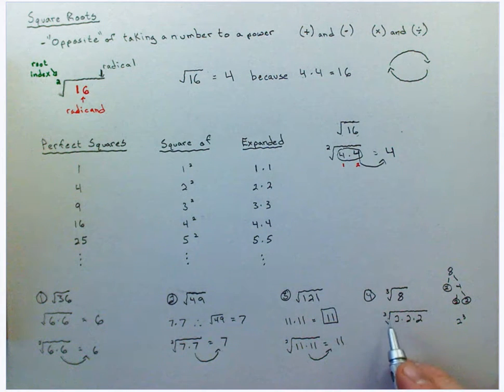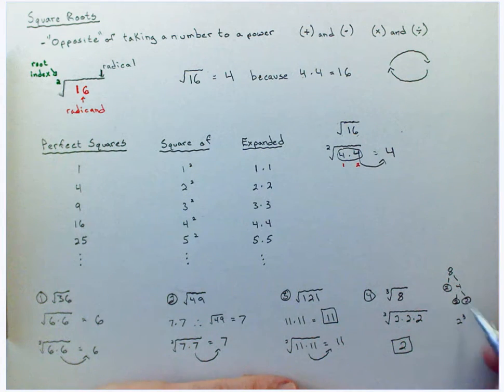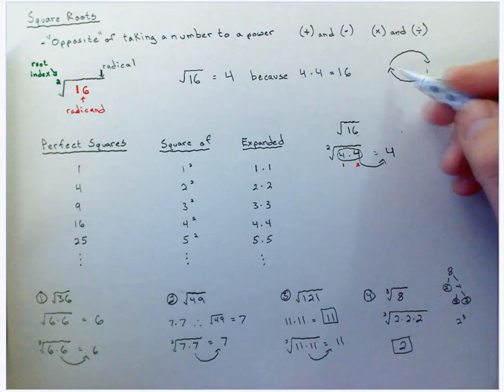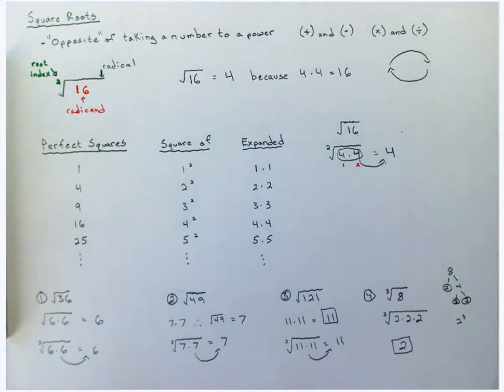I have to have 3 of a specific number before I'm able to pull one out. I do. I have 3 2s: 1, 2, 3. I'm able to pull a 2 out, and that is my answer. The cube root of 8 is 2, which we saw here. 2 cubed is 8. So really it's just one big cycle, like I showed you up here, how you work around and you work through.